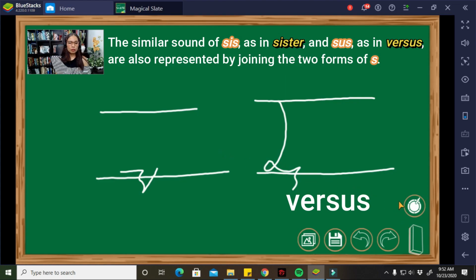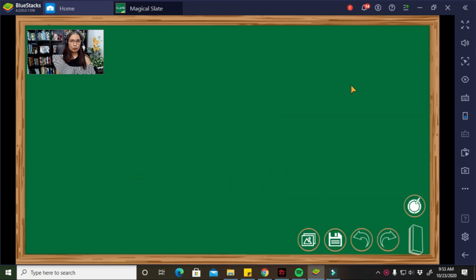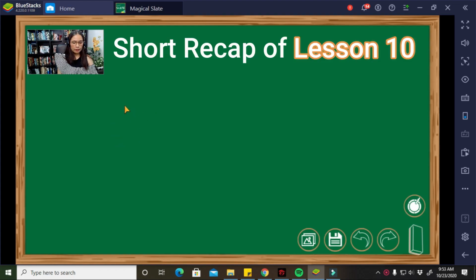Now, those are the principles of sis, sus, and ses. Okay. So, short recap muna tayo, no? For the word ND and NT. Alright? So, they have the same symbols, and that is ND blend.